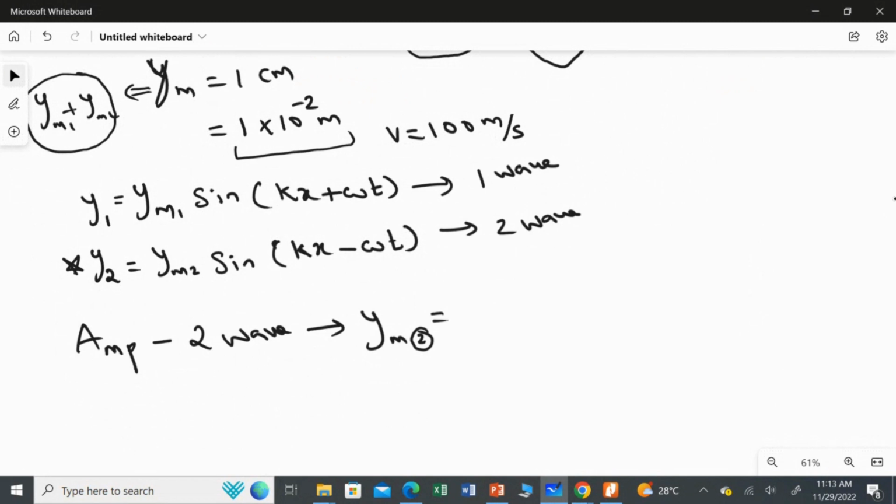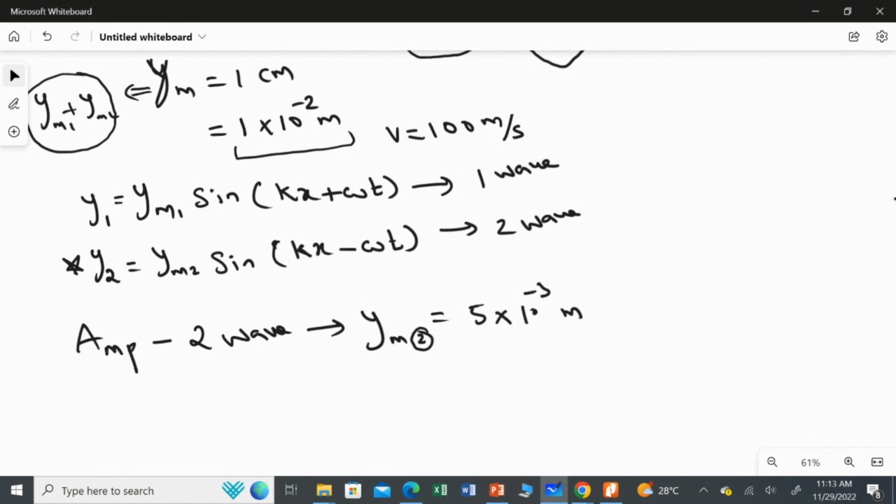This is the total amplitude. So what is the amplitude of the second wave? It's half of this value. You have to divide 1 multiplied by 10 to the power of minus 2 by 2, and you will get the answer for the second wave amplitude. Half of 1 centimeter is the amplitude of one wave. It is better to write the value in meter, which is 5 multiplied by 10 power minus 3 meter.